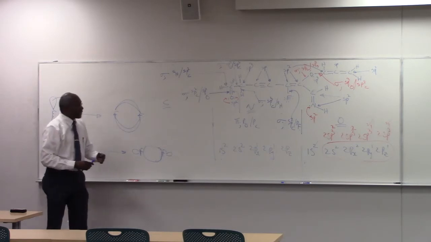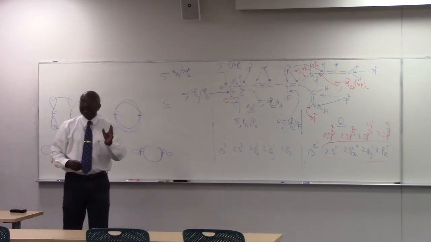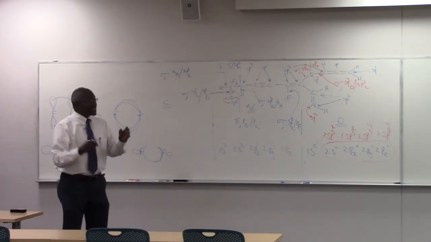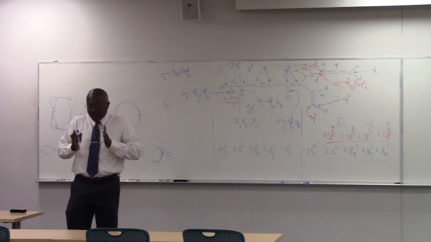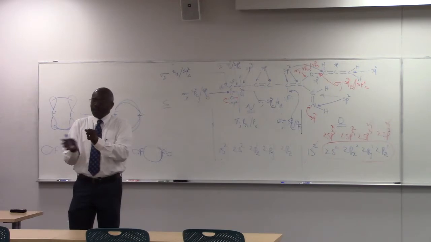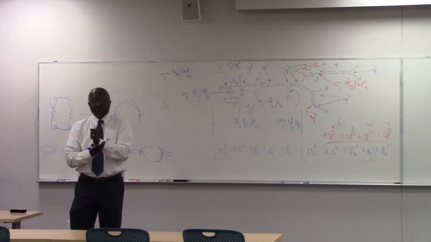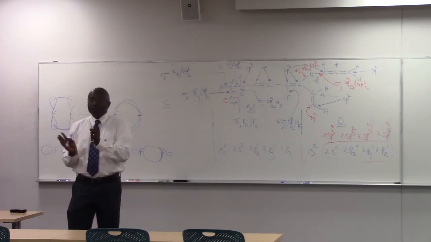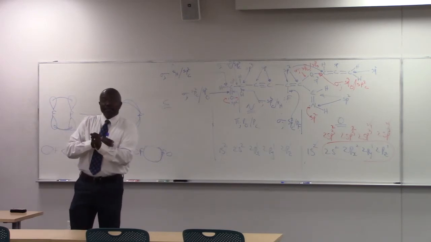So if I had, like in the case of the alkynes, once I form the sigma bond, so I occupy the space between the two nuclei, my next bond is going to go above and below. That's the pi bond. The next is going to go out and in. That's a triple bond now. And at that point I'm stuck.